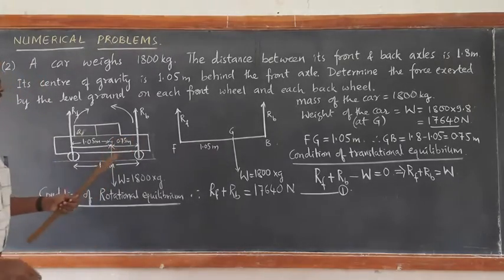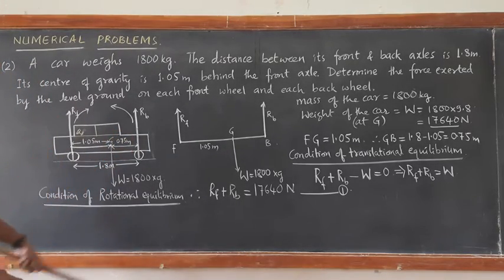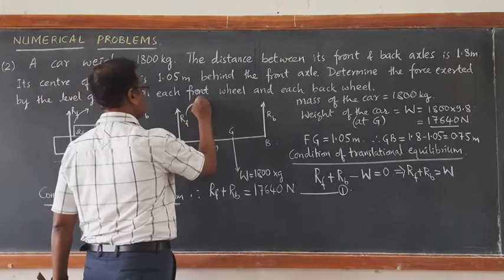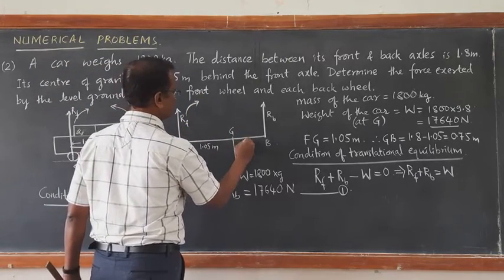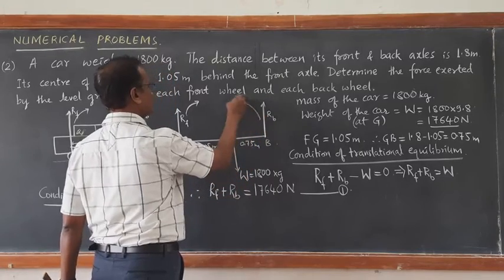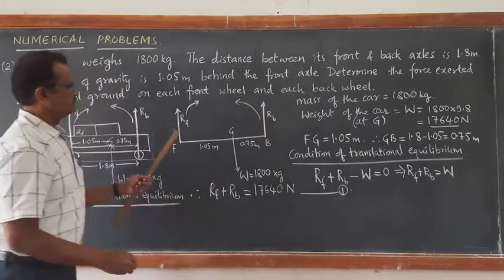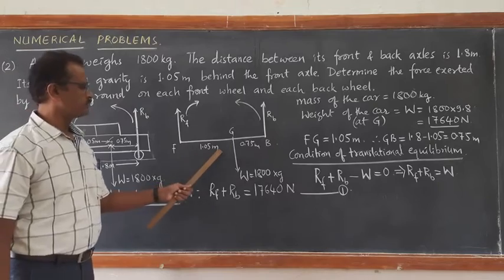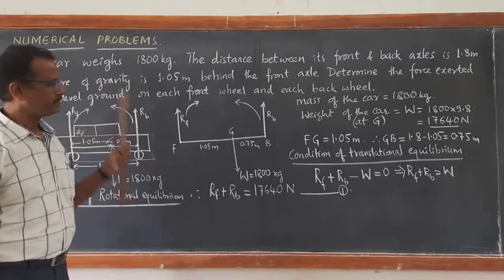So this must be acting in the anti-clockwise sense. So this is acting clockwise, and this one, 0.75 meter into RB, is acting anti-clockwise. So RF into 1.05 about the center of gravity must be taken negative.